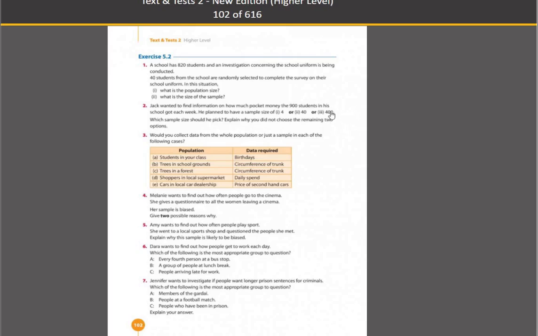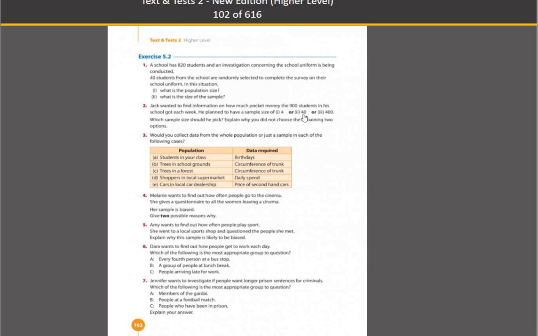But if he's going to collect data on 400, it's a lot of work. If he was to collect 40, it's a lot less work, but it's less accurate. And 4, I would discredit altogether because it's way too small to be a representation of 900 students, and it's nearly not worth your while only collecting data of 4 people.